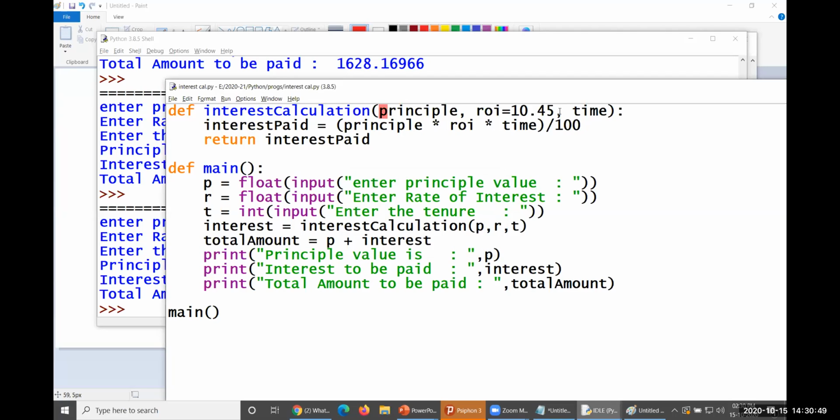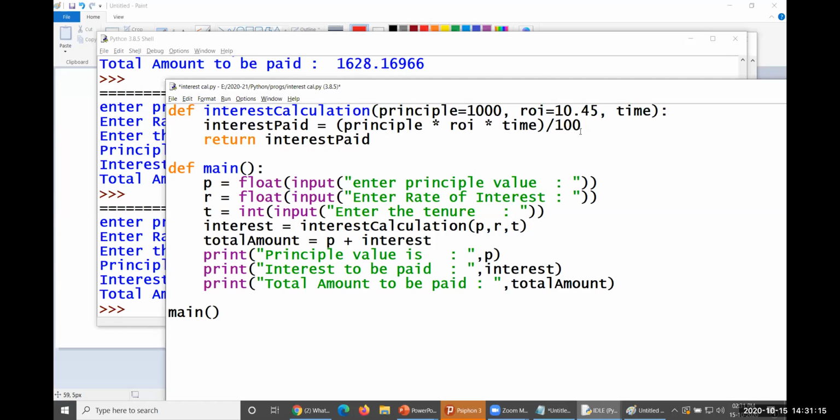For example, if I would consider principal to be 1000 rupees. This is a default parameter, and this is also a default parameter, and the time is a non-default parameter. There is no value which has been assigned, so it is a non-default parameter. Then what exactly could be done here? Let us execute one more time. Are there any errors which will be provided?